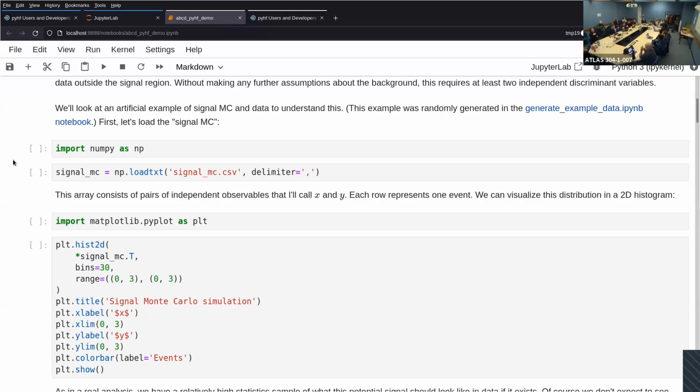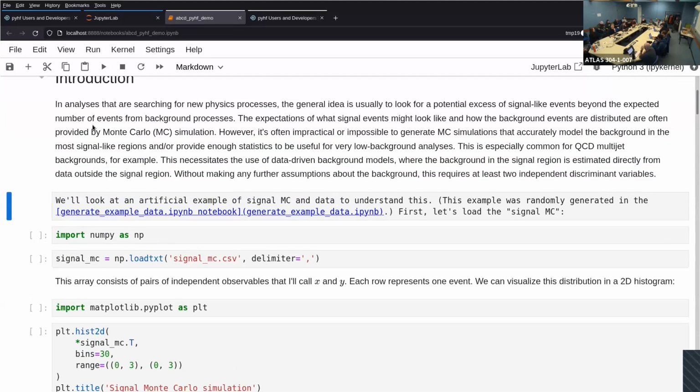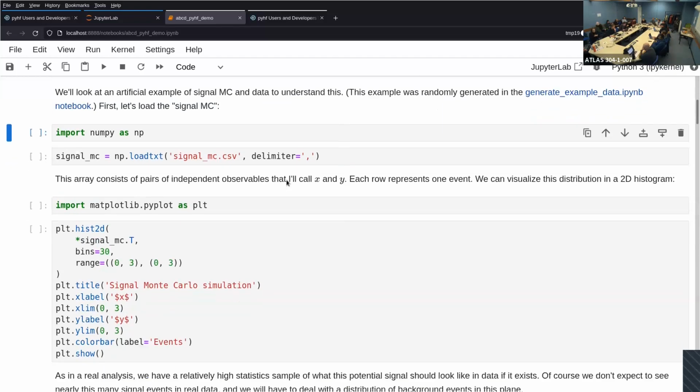So this notebook just kind of goes through a toy example of this. So I just have some generated data that's basically toys of signal and background to give an example of how this method works.